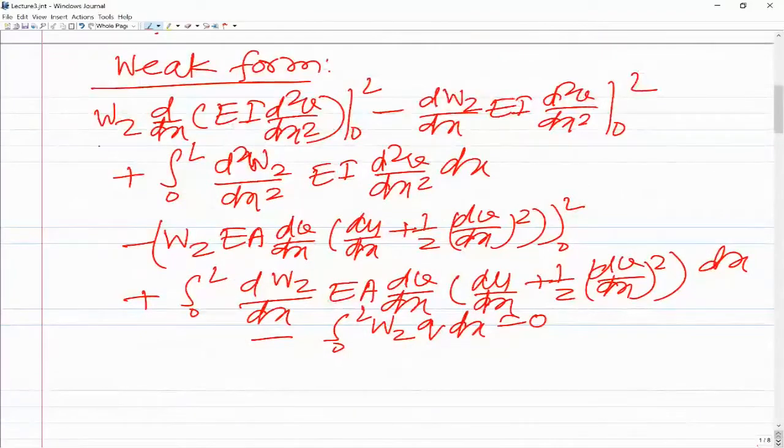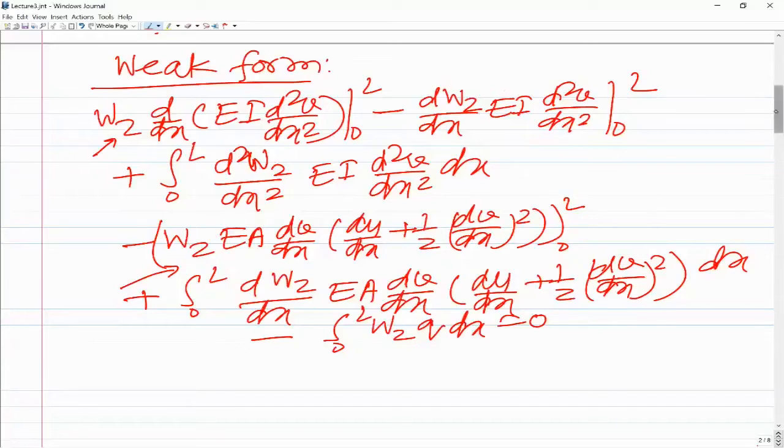This boundary term and this boundary term both involve w2, so you have to combine them. You take w2 common and whatever you get inside will be there. Because the second equation comes from the equilibrium of forces along the y direction, we take w2 equal to v. So v will be one of the primary variables and the other boundary term is dw2 by dx, so dv by dx will be another primary variable.